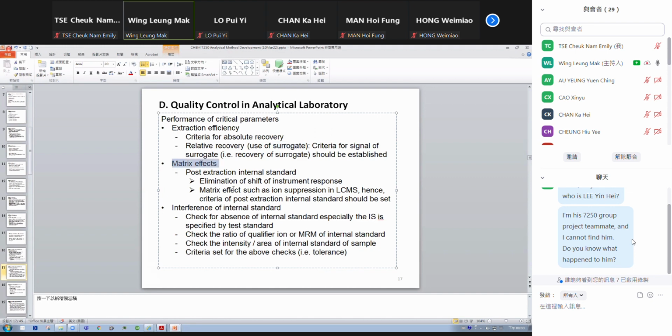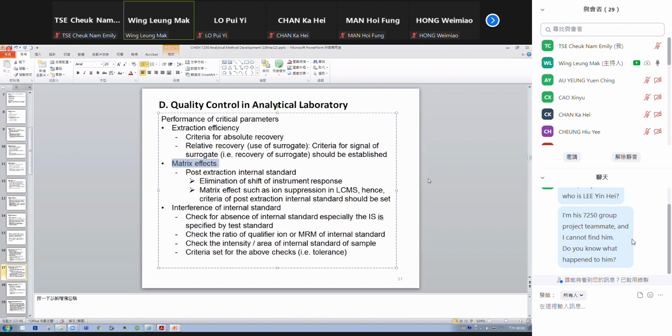Matrix effect should be very complicated, especially for the environmental samples and the food samples, because there are different types of food samples in the world. The matrix will sometimes affect your extraction efficiency, or sometimes enhance it.